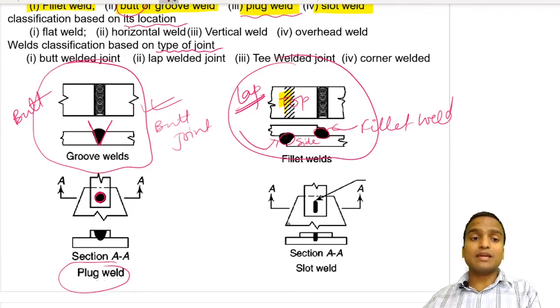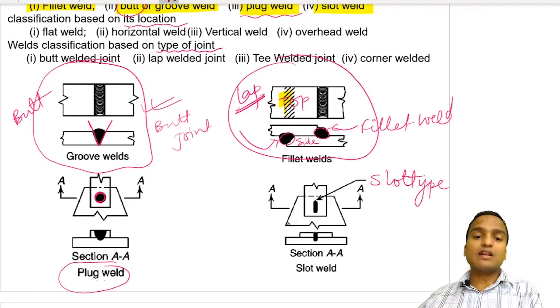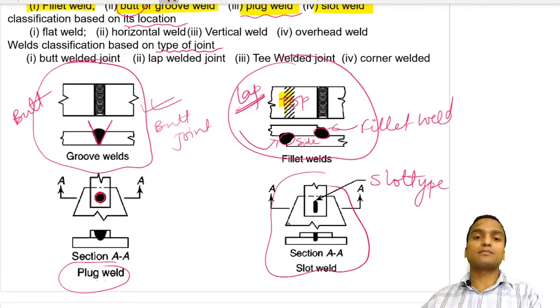And if we make the hole larger, now you have studied different types of holes. There are a standard hole, oversized hole, short slotted hole, long slotted hole. So when we make the hole a larger slot type, then in that case the weld becomes a slot weld. This is the diagram for slot weld.